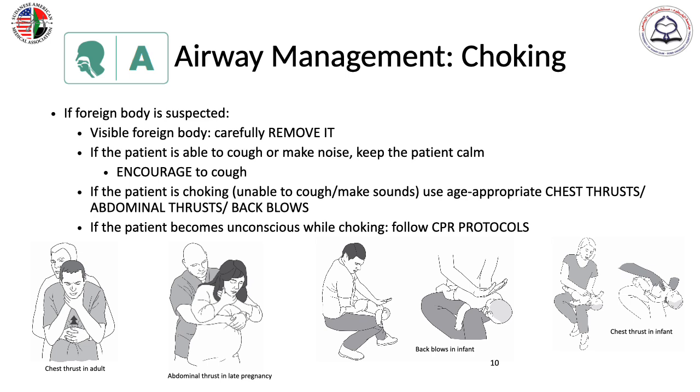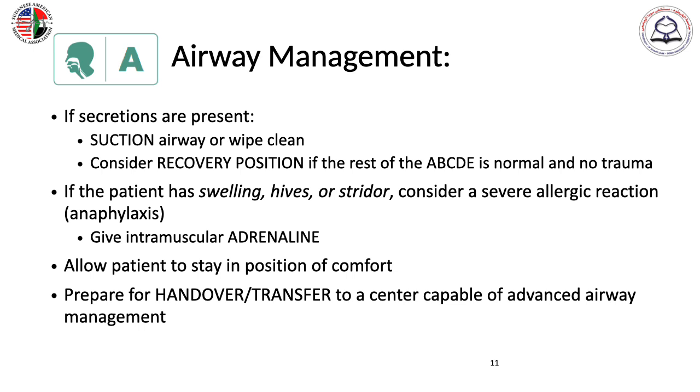But if you are able to expel the foreign body, then you put him in the recovery position. And in case there are secretions in the airway, do airway suctioning, and then you place the patient in the recovery position.